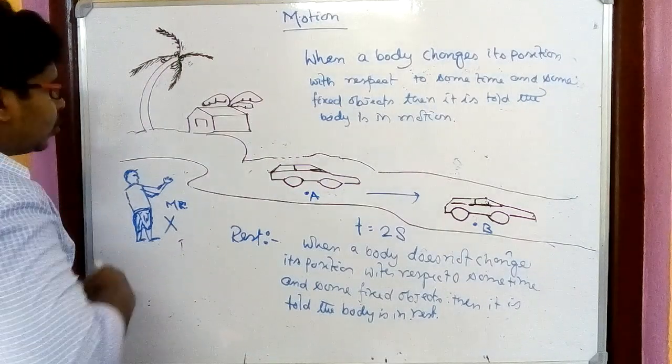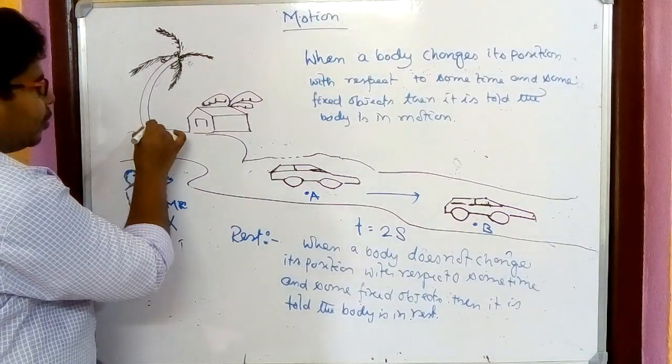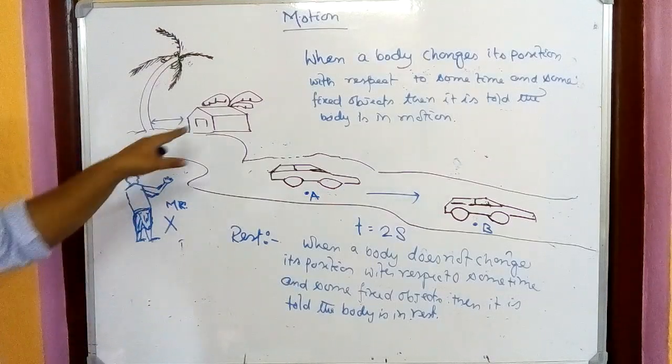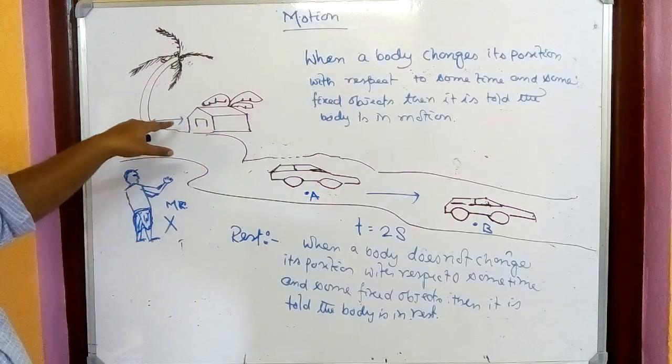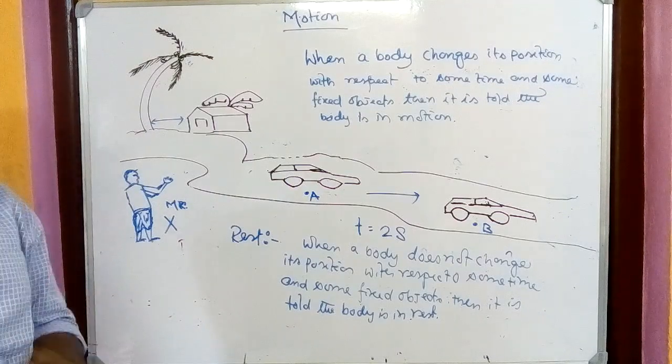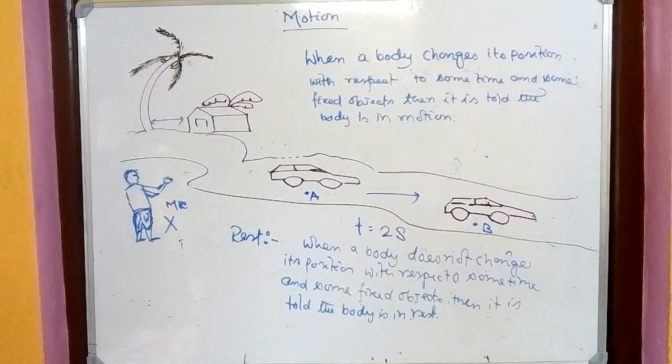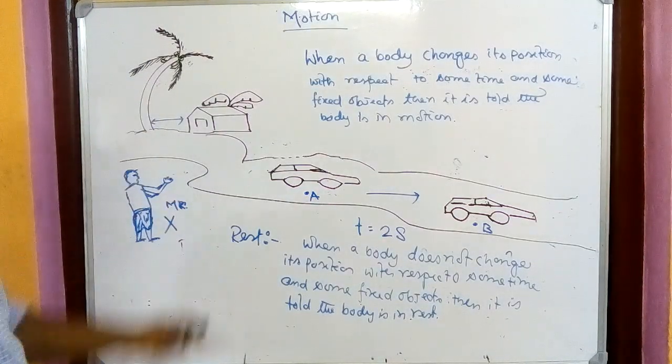The distance between them remains the same. Whenever we have seen with respect to the house, the distance of the tree remains the same. So it is clear that with respect to this house, the tree is not changing its position. That means it is concluded that the tree is at rest.